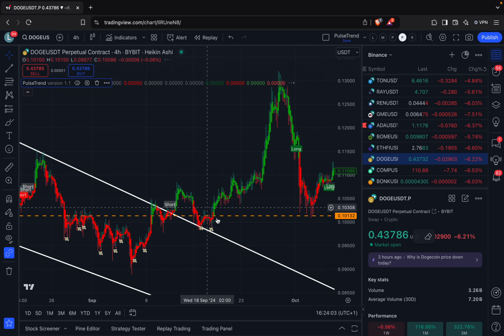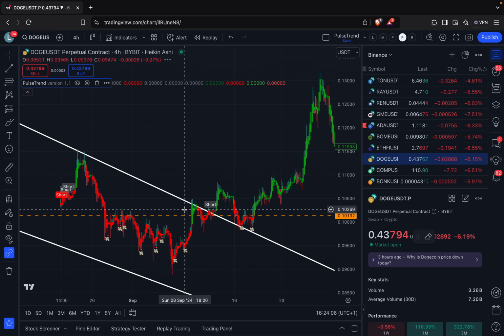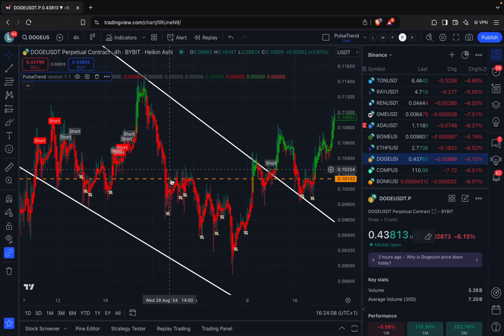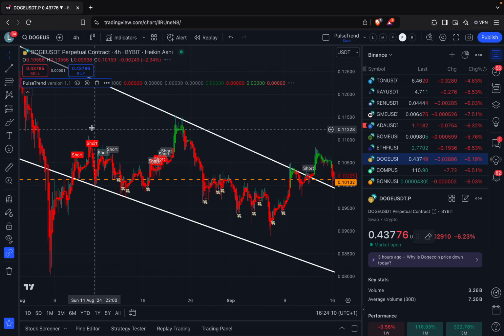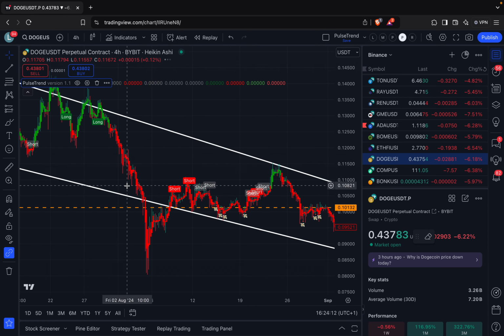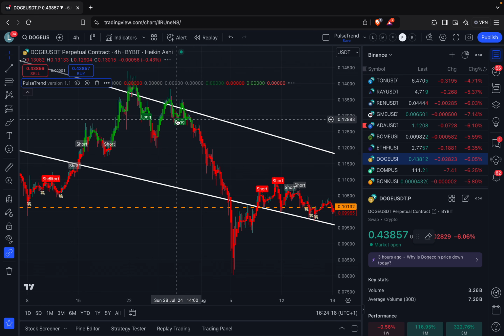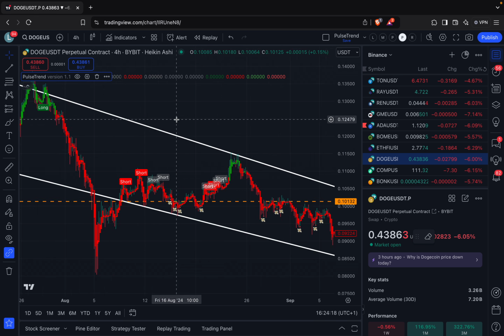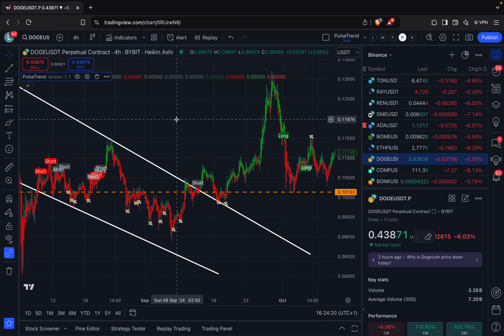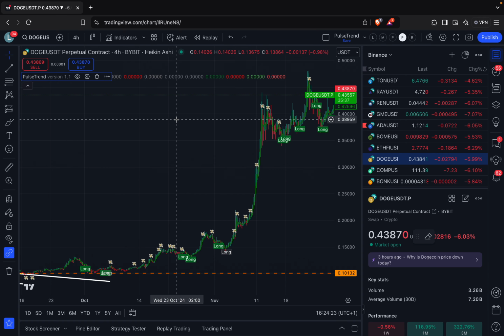Further back, this short, take profit point over here, this short, profit point here, short, profit point here. These two longs unfortunately didn't play out. So looking at the bigger picture, we still got out on top. I would say still around an 80% win ratio.